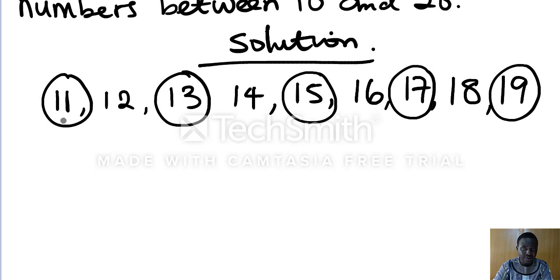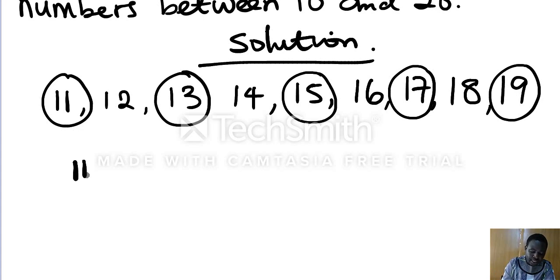So it therefore will not meet the definition of an even number. If you do the same to 13, dividing it by 2 is going to give you 6.5. Do the same with 15, 7.5. So all these are referred to as odd numbers. The question says we should sum up all the odd numbers between 10 and 20.